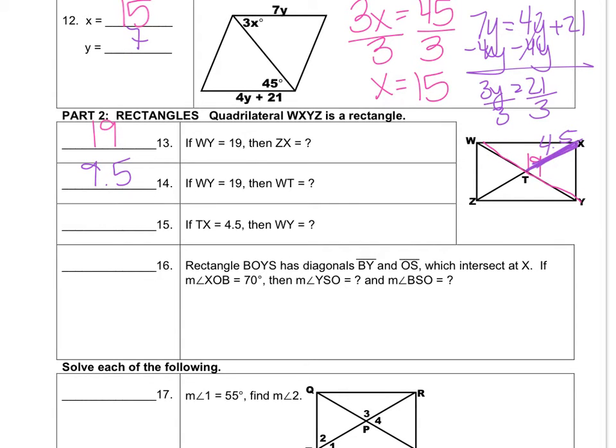Your diagonals are bisecting and they are congruent. So if this half right here is 4.5, that means this is also 4.5. So 4.5 plus 4.5 is really 9. Diagonals are congruent. So if this whole diagonal is 9, then this diagonal is also 9. So WY is 9.